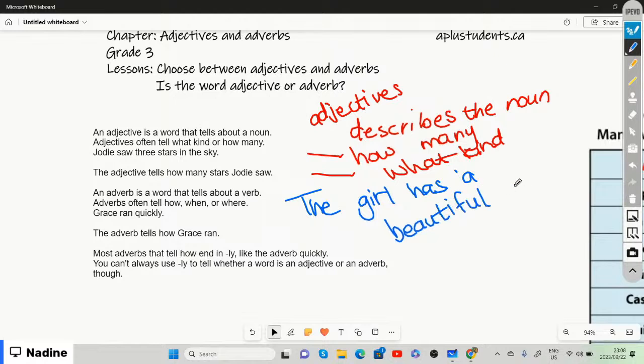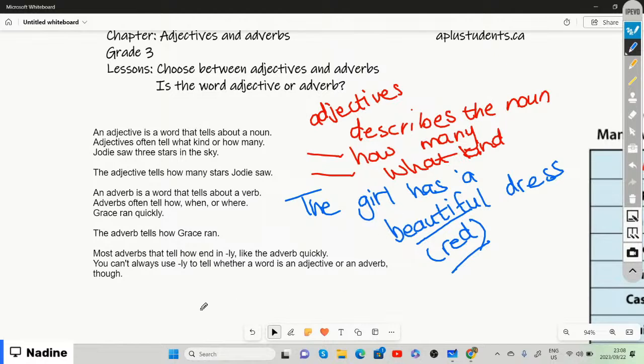Beautiful tells us what kind of dress she has. Or she has a red dress. So what kind of dress does she have? She's got a beautiful dress, she's got a red dress, and that tells us what kind.